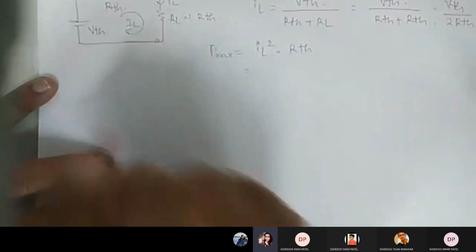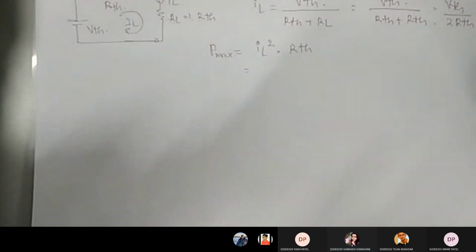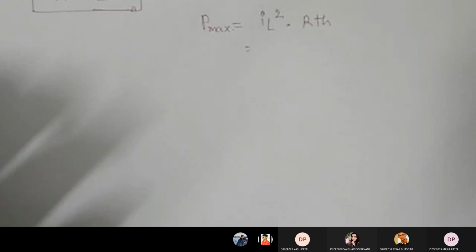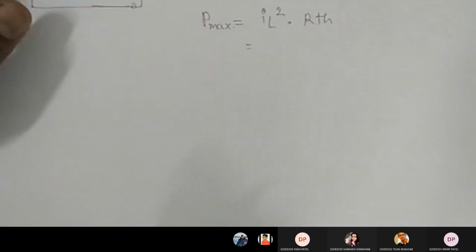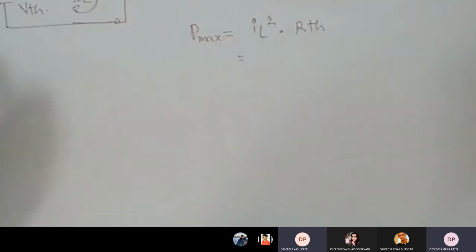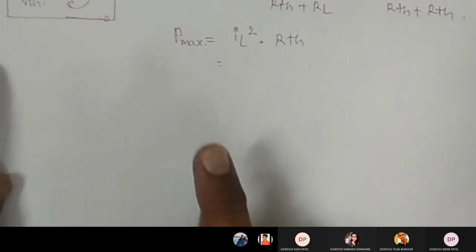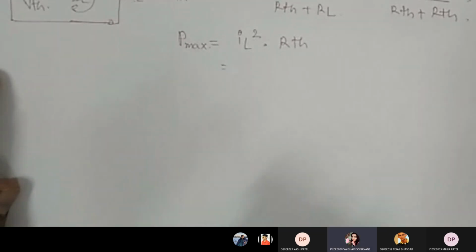Sir, everything looks blurry. One minute. Does it look blurry to everyone? Can you zoom in or not? If I zoom in, it will get cut, but I will try to put it in the frame.